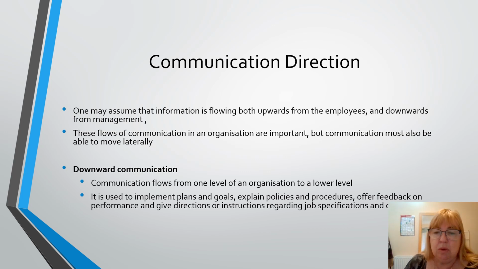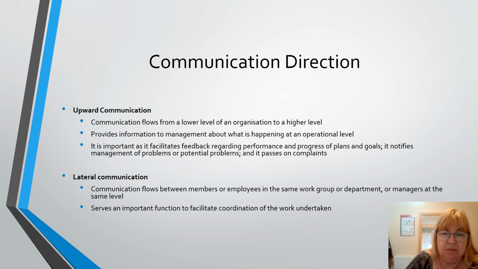It's particularly used when you're implementing a plan, when your organisation has some new goals and the management want to inform people of them, or maybe changing policy, or if teams are getting some feedback on their performance. Maybe they've had a CQC inspection. That information will be shared first with the management and then passed down through the teams. And maybe if you're creating a new policy and you want everybody to know about it, that will be the classic top-down information.